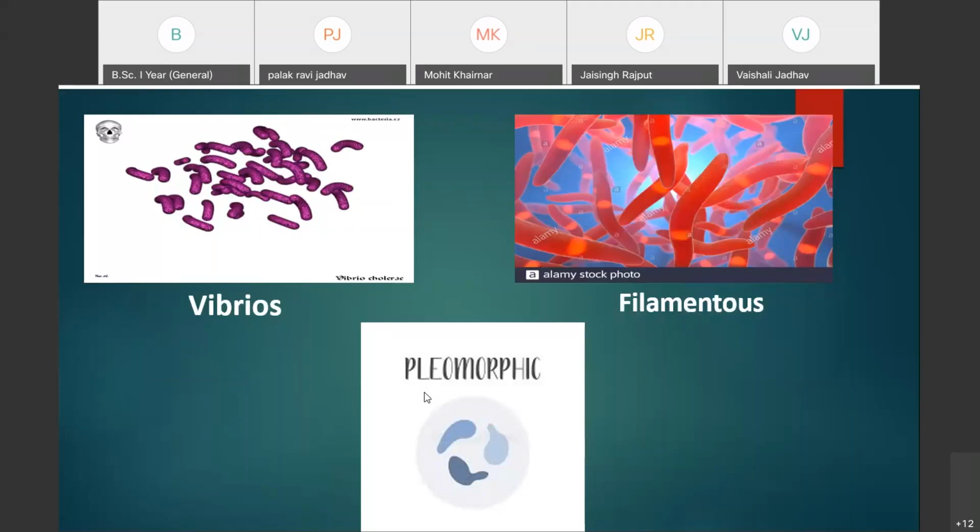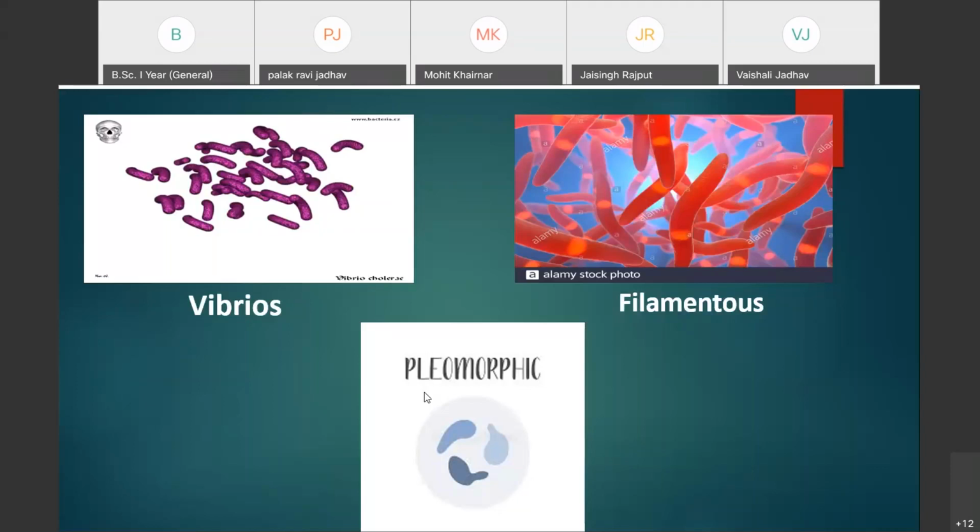There are three principal morphological groups of the bacteria depending upon their shape. The first one is the bacillus or the rod shaped bacteria, the second one is the cocci or the spherical bacteria, then third one is the spiral or the helical bacteria. Apart from these three most common morphological forms, the other shapes of the bacteria are: the first one is the Vibrios, and due to their shape, these are also referred to as the comma bacteria.